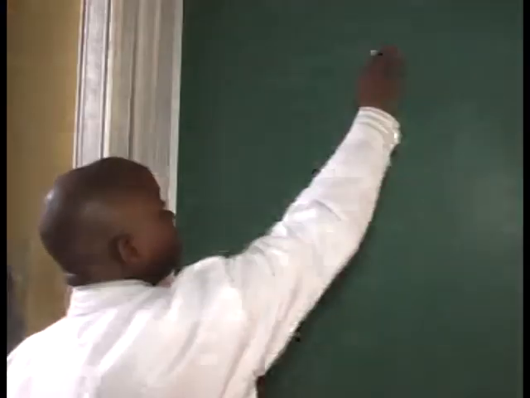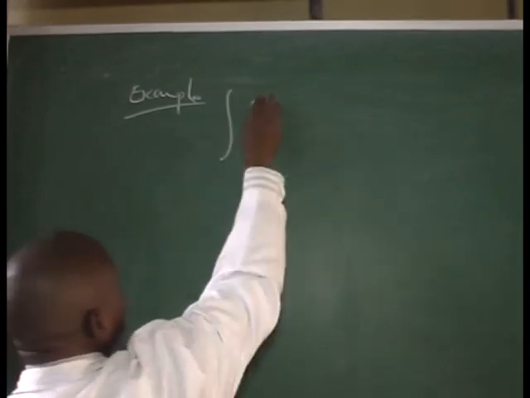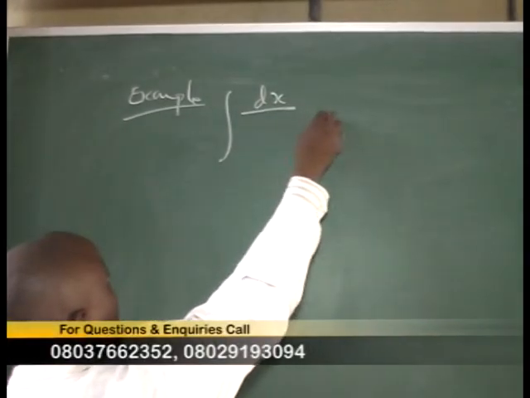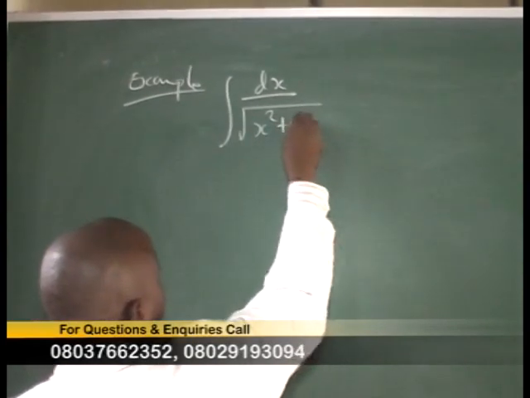Alright, now another example is when we have the integral of dx all over the square root of x squared plus a squared.